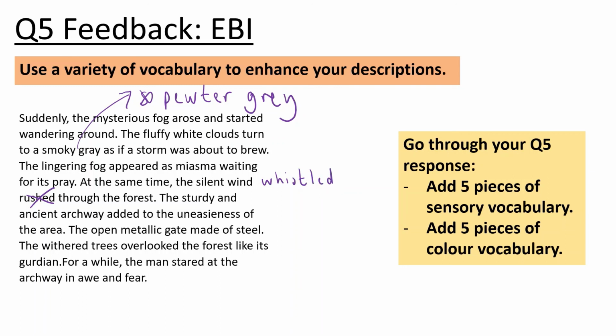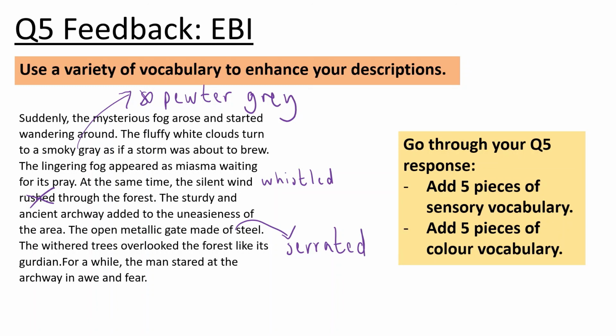It's a nice sensory vocabulary to describe the sound of something. And the open metallic gate made of, I'm actually going to say made of serrated steel. It gives this idea of the gate as almost being like a weapon. And then again, you've got alliteration there with the S and the S.